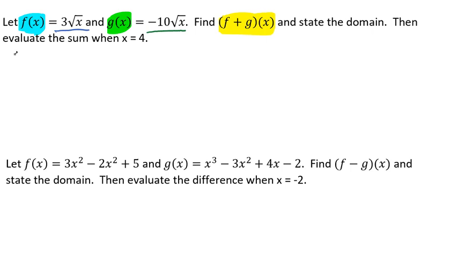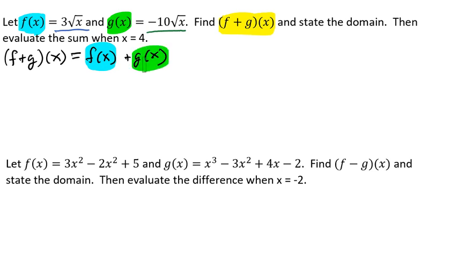So when we have f plus g of x, what that's really asking us to do is to take our f of x and add that with our g of x. So we're simply going to replace our f of x and our g of x with those functions and add them together. So we'll have that the f plus g of x equals 3 times the square root of x plus negative 10 times the square root of x.